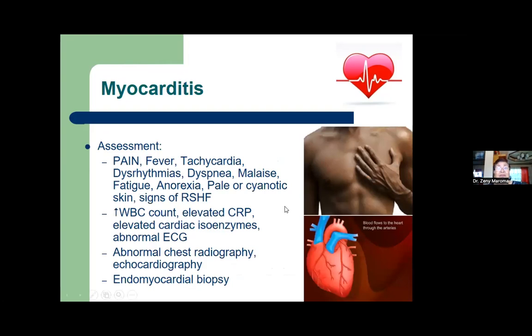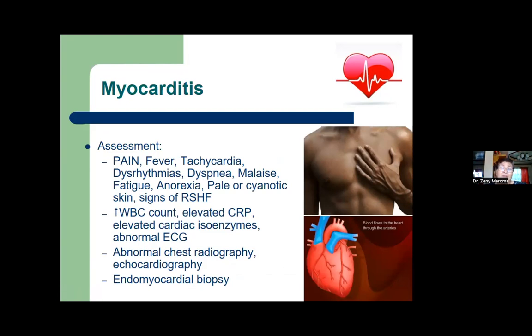Kaya ito yung common signs and symptoms. There's pain, fever, there's tachycardia, dysrhythmias, DOB, malay, no? Fatigue, there's anorexia, there's pale or cyanotic skin, there's signs of right-sided heart failure because of inflammation.